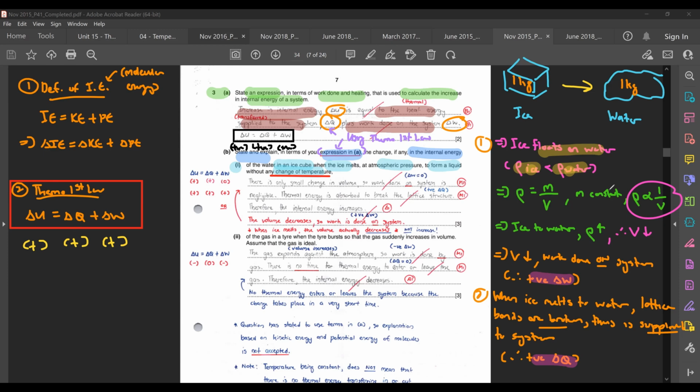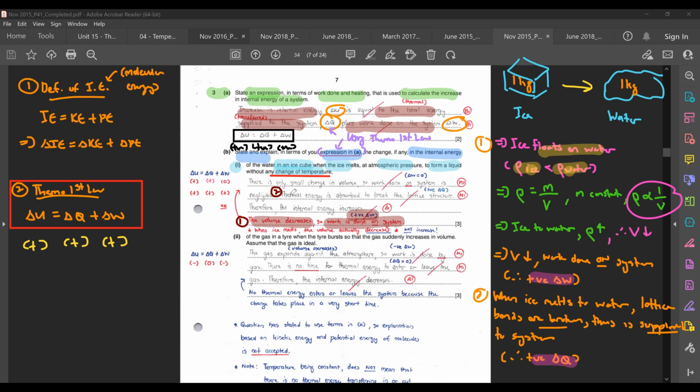Okay, because you see the explanation here on the right seems to be a bit long. What I can suggest is you write this first answer here. You say that when ice melts to water, the volume decreases, so what is done on the system is positive delta W. Okay, and then the second thing you could write is this.